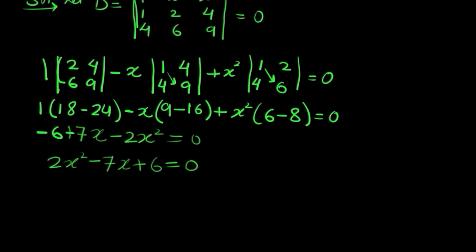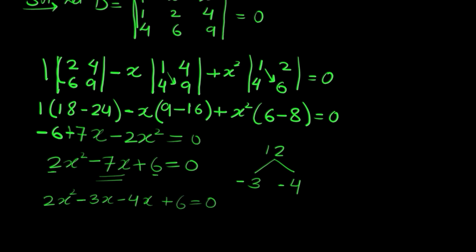Now we have to solve this quadratic equation. 2 multiplied by 6 is 12. We split 12 into factors such that the sum is minus 7. So 3 times 4 is 12, and minus 3 and minus 4 is minus 7. Now 2x squared minus 3x minus 4x plus 6 is equal to 0.